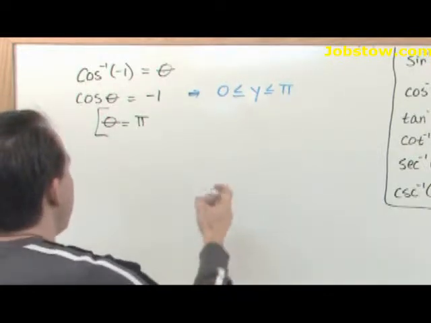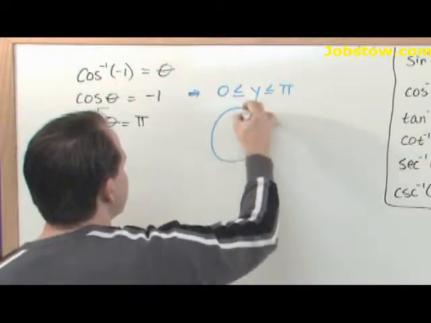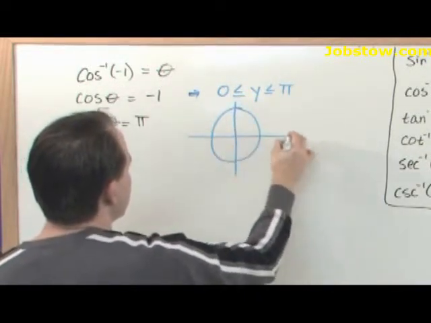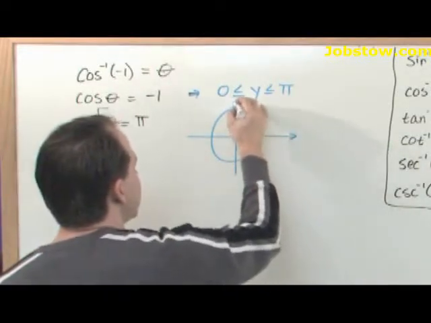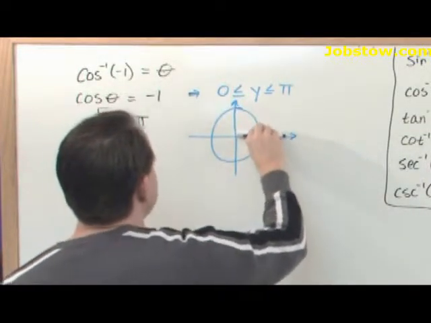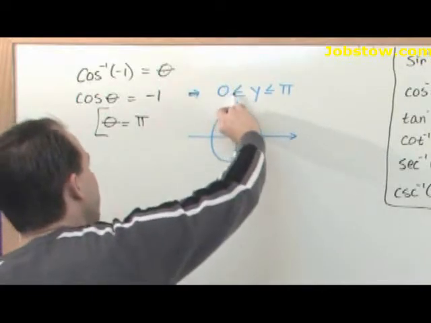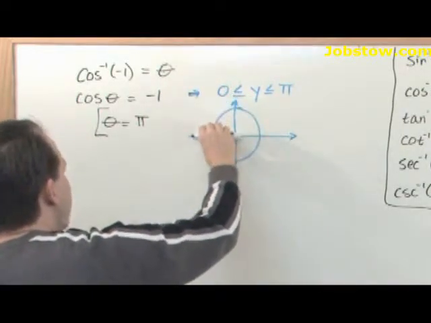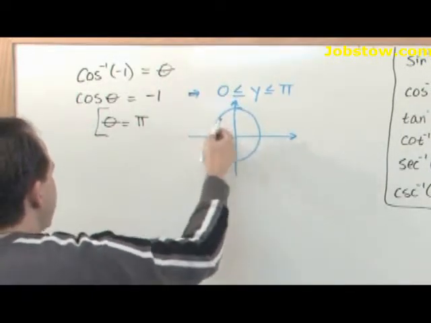And the reason it's going to be pi is if you go back and look at your unit circle, that we've all come to know and love, this is 0 radians. This is pi over 2 radians, and this is 2 pi over 2 radians, which reduces to pi.